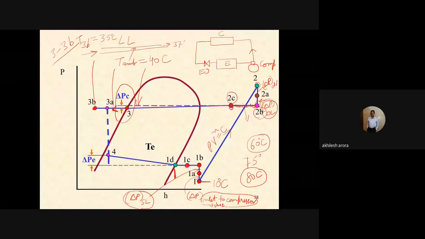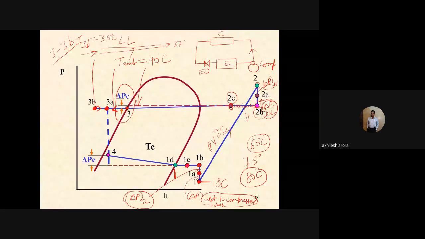So the temperature is increasing. From 3B to 3A, it is the temperature increase in the liquid line. I hope this is clear to you. And at 3A, the refrigerant enters the expansion device, which could be a capillary tube, a thermostatic expansion valve, or an automatic expansion valve.